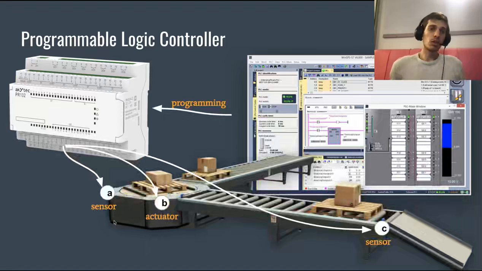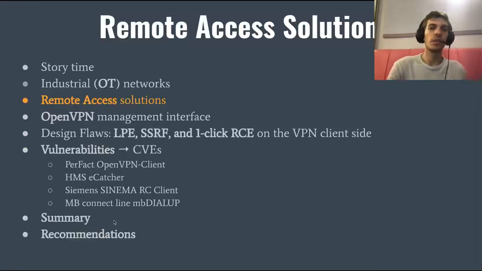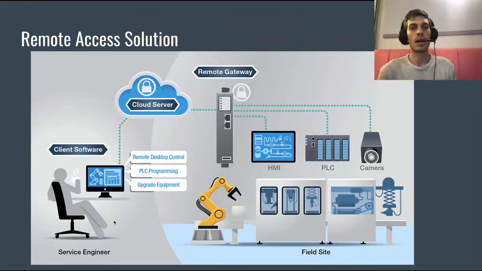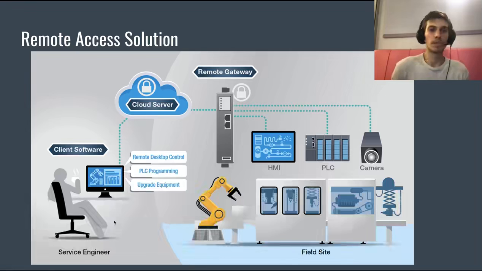And the goal of people managing, writing programs for, and maintaining these PLCs is to connect to them. So they need connectivity to these PLCs, and they do this with remote access solutions when they're working from home. So this is a very basic scheme of how remote access solutions work.